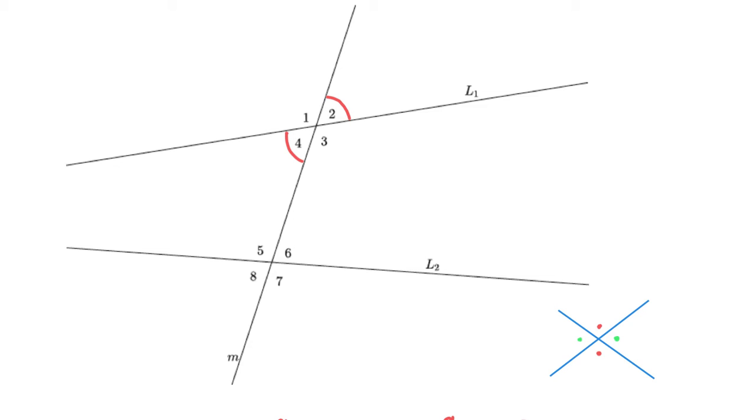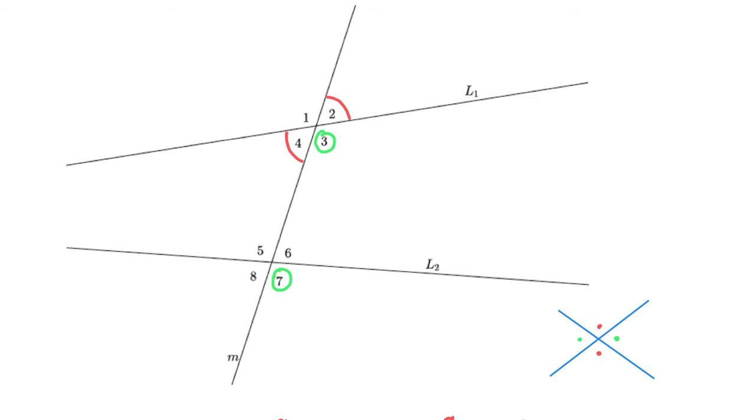There are other angle pairs in this diagram. For example, we notice that angle 3 and angle 7, they are in the same position. So here we have a transversal, we have the lines crossing. Angle 3 and angle 7 are both in the lower right-hand corner of these intersections.